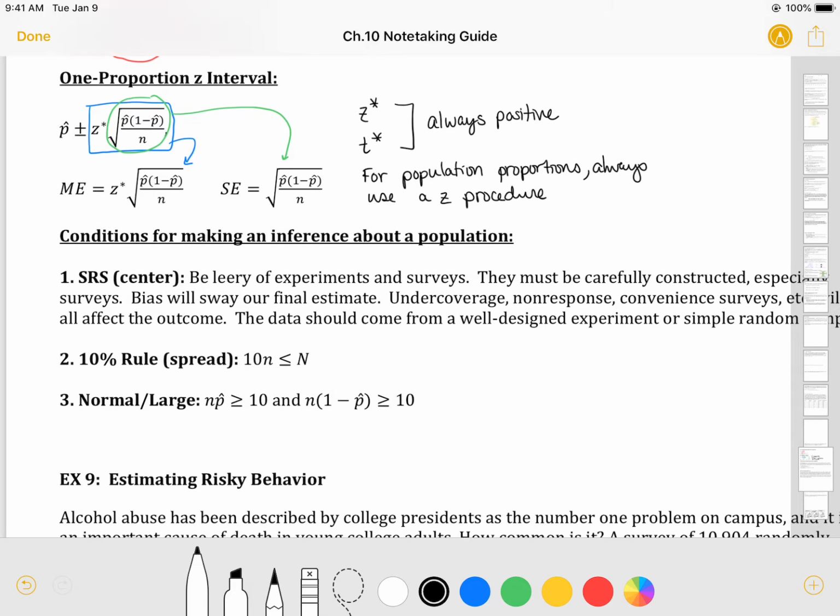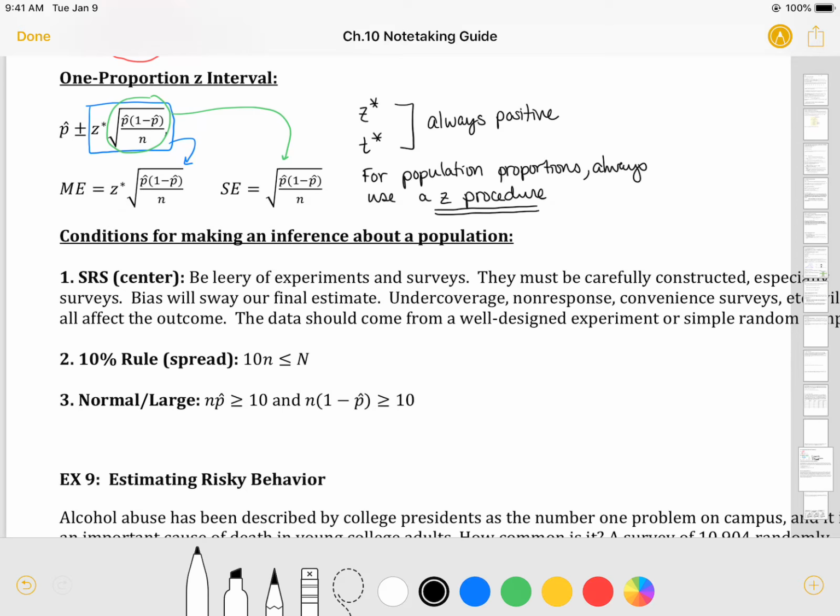And I say Z procedure because in future chapters we're going to be looking at some different tests. So it could be a Z interval, it could also be a Z test. So we refer to all of those as Z procedures.